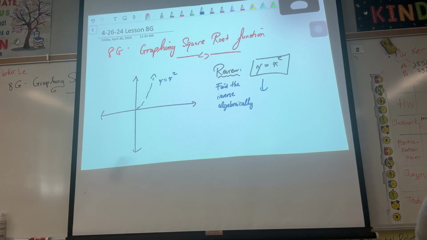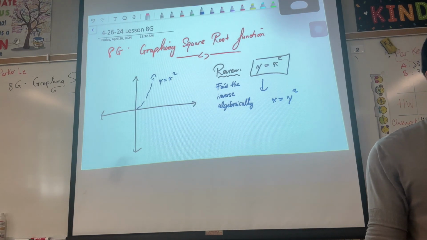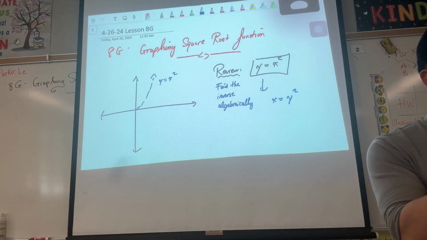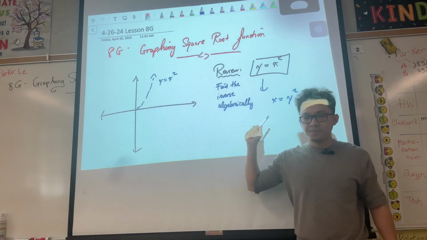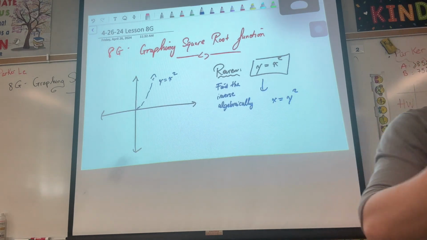You're going to swap the x and y. So x equals y squared. And then you're going to solve for y. How do you solve for y in this one? Square root both sides, right?